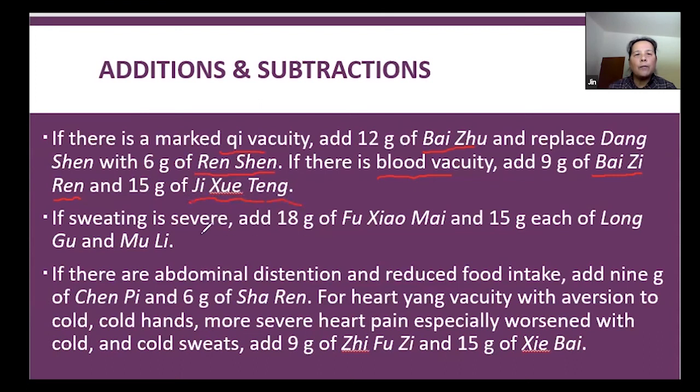And if people are sweating, we need some astringent herbs: 浮小麦 stops sweating, and 牡蛎 we talked about before already. And if the patient has poor appetite, can't eat much, and has abdominal distension, we add some qi moving herbs for the middle jiao, 陈皮 and 砂仁.